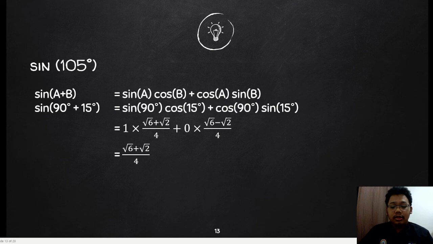So it crosses at 90 degrees and ends up 0. I hope you remember about that. And sine 15 we already calculated; it will be (√6 − √2) over 4. When we multiply the 0 with this number, it ends up 0. So we are only left with (√6 + √2) over 4.